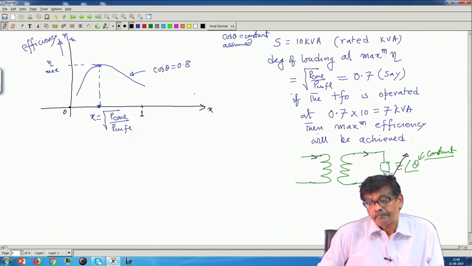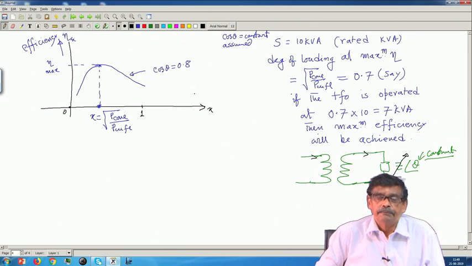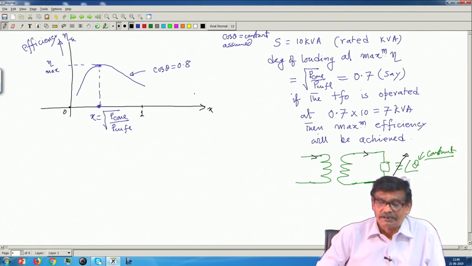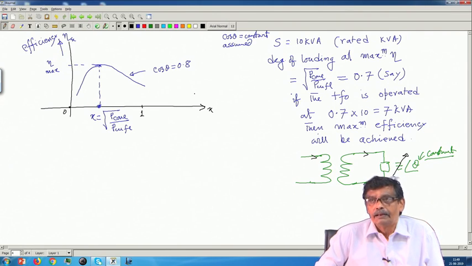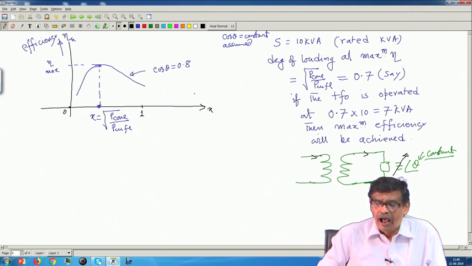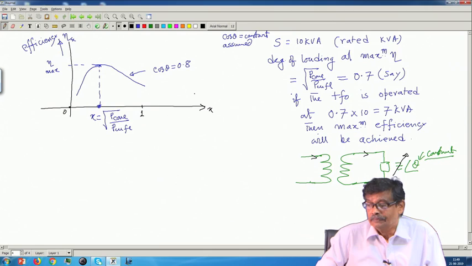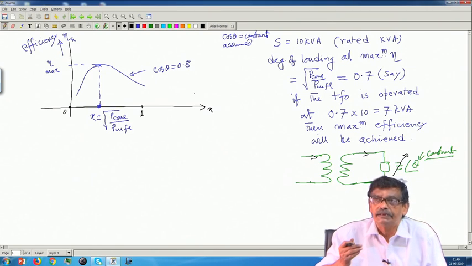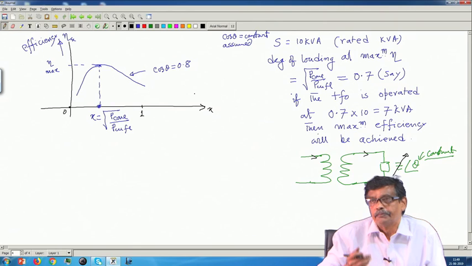After I get this curve, then I will ask myself, as a user of this transformer, at what value of x efficiency should be maximum.